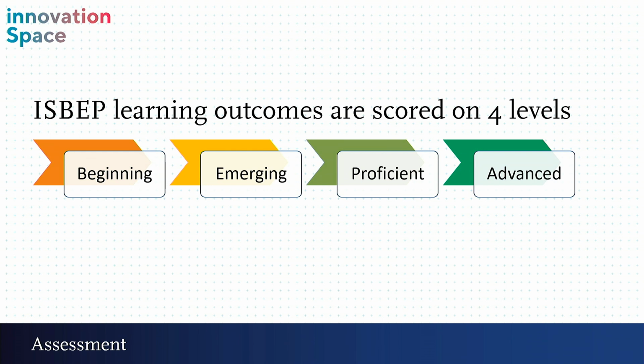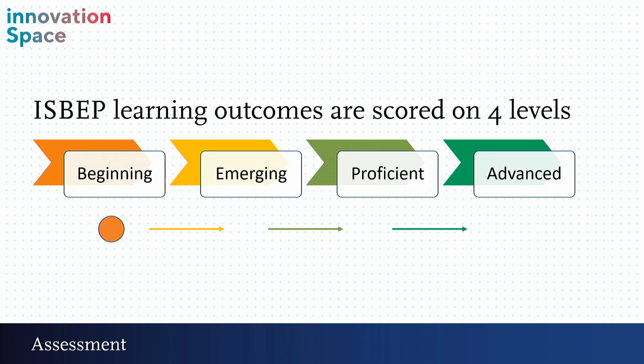Now, we expect students to come into the project having a level that is either beginning or sometimes emerging if students already have some experience with certain learning objectives. And by allowing the students to learn throughout the process and having them reflect on their development and their growth, we are encouraging them to move from beginning to emerging or proficient or advanced levels throughout the course.